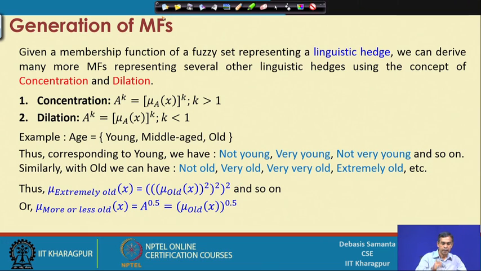Now, similarly, for more or less old, if mu old x is defined for the fuzzy set old, then for a power value say 0.5 we can define more or less old. This is called dilation. Graphically the same thing can be plotted.